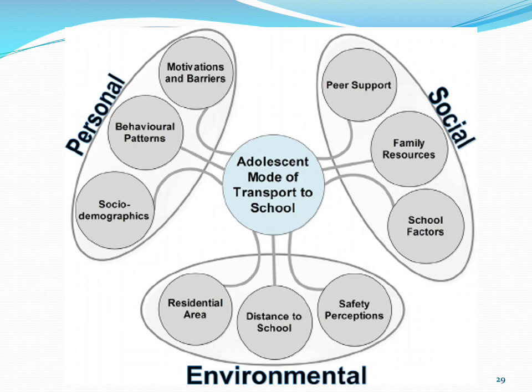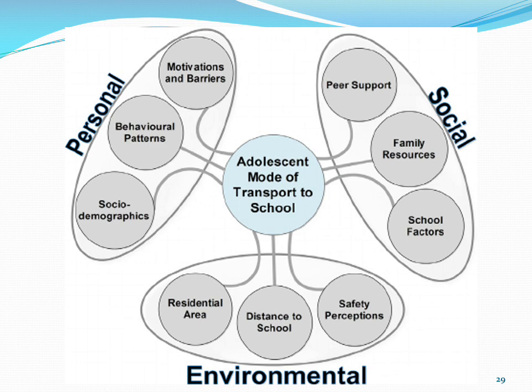There are things like their social aspects, peer pressures and things like that. Whether their family can afford the different types of transportation. And environmental aspects, things like how far away are they from school?